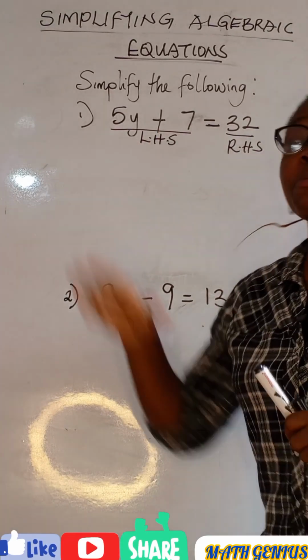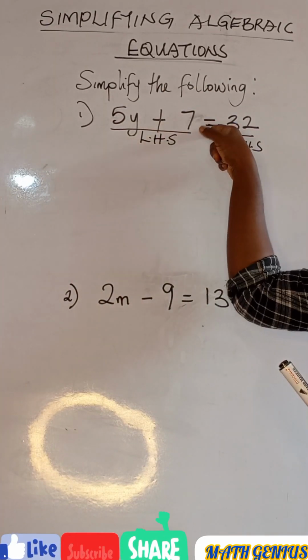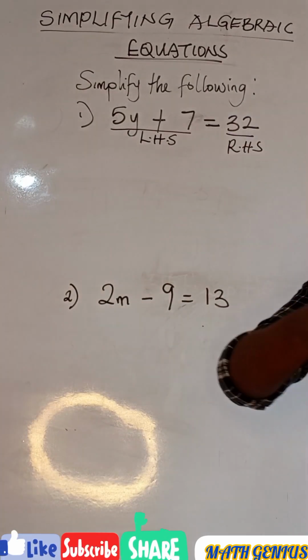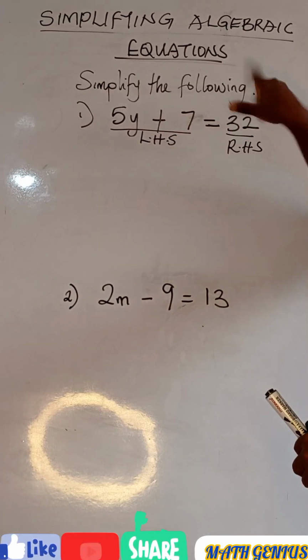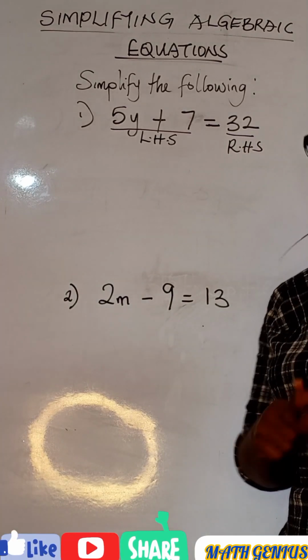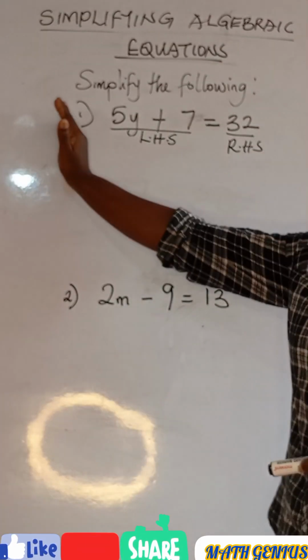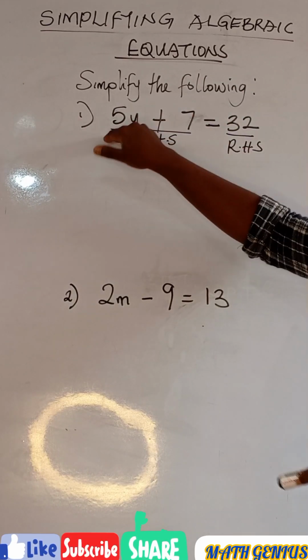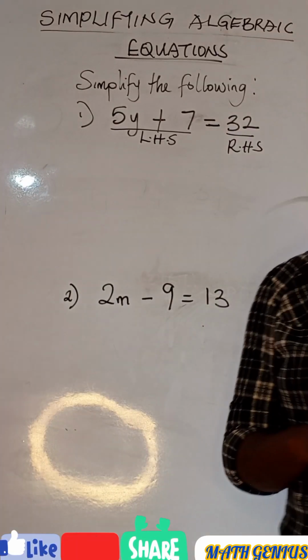Now, the expression before the equal to sign is the left-hand side. The algebraic expression is the left-hand side. Now, the number after the equal to sign is the right-hand side. You must note that. This is just an algebraic expression. This right-hand side now made this expression become an algebraic equation.